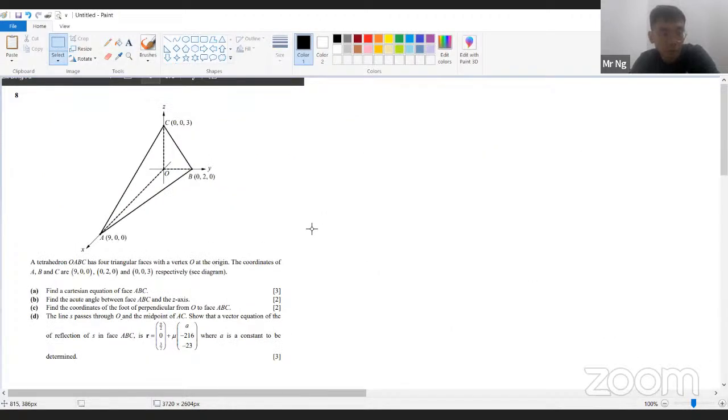Cartesian equation of A, B, C. This is vectors, something that I'm very scared of being careless in. So A to B will be equals to going like this, so it's something minus 9, then never mind, just two.